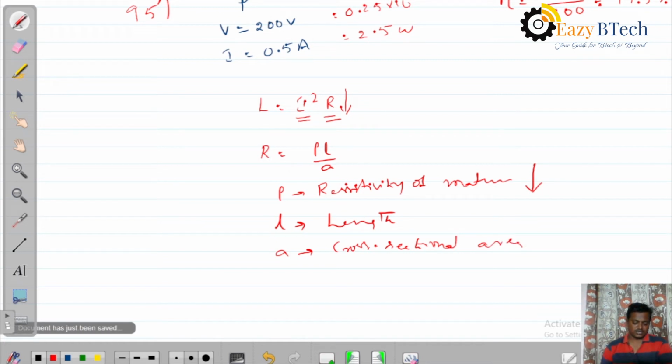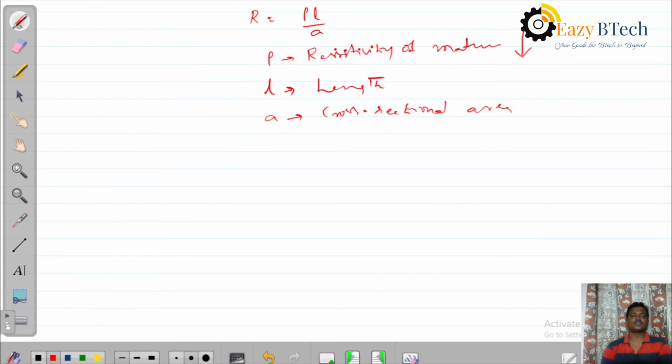How to reduce this resistance? This resistance can be reduced by choosing a low resistance material. If you observe overhead transmission or distribution systems, we are using copper conducting materials and aluminum conducting materials. Widely we are using copper and aluminum conducting materials. Those are the good materials for transmission of electrical power.